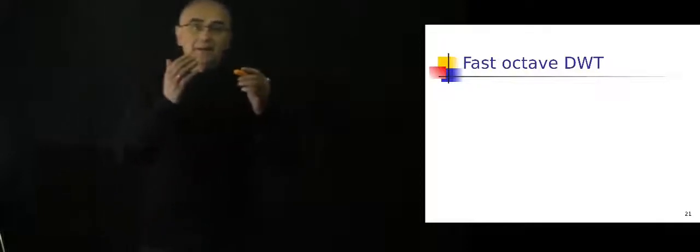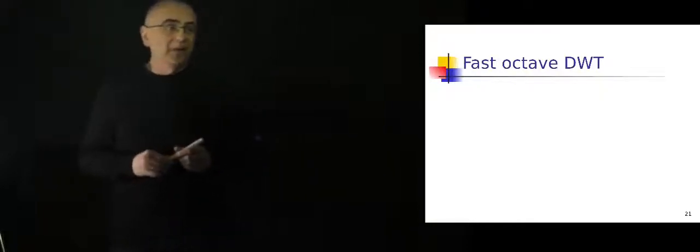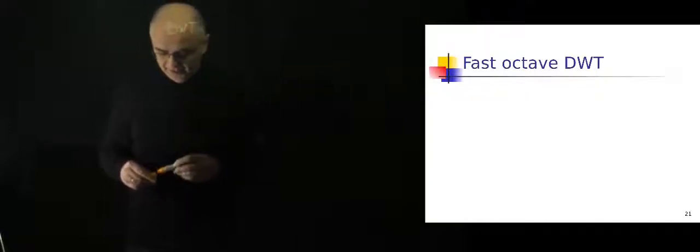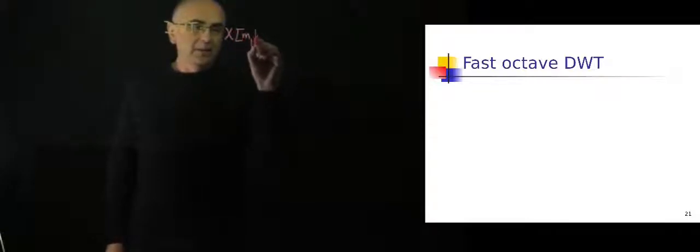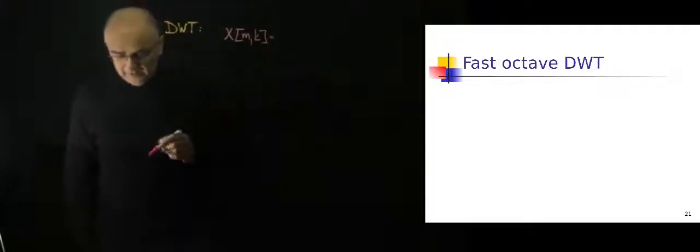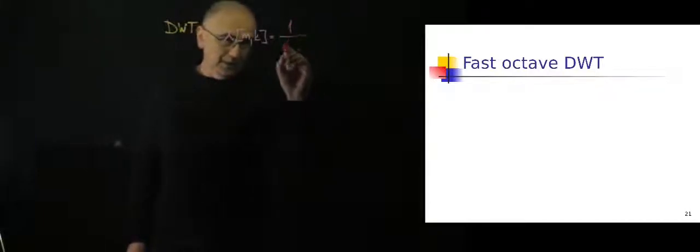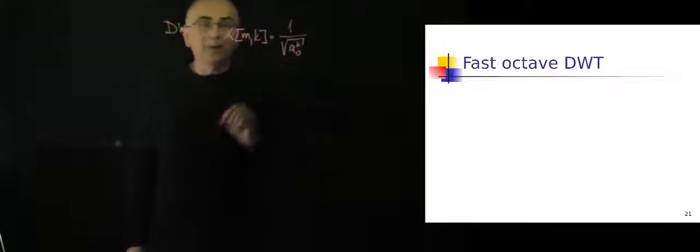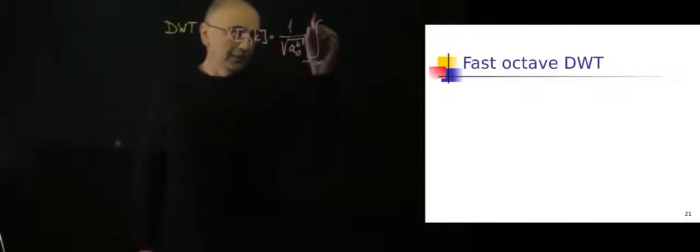So let us recall the expression for the discrete wavelet transform. So discrete wavelet transform was described by the following. We can calculate the wavelet coefficients using the following expression. A0 was some kind of initial scale, so we use the powers of that initial scale and we had that integral form.